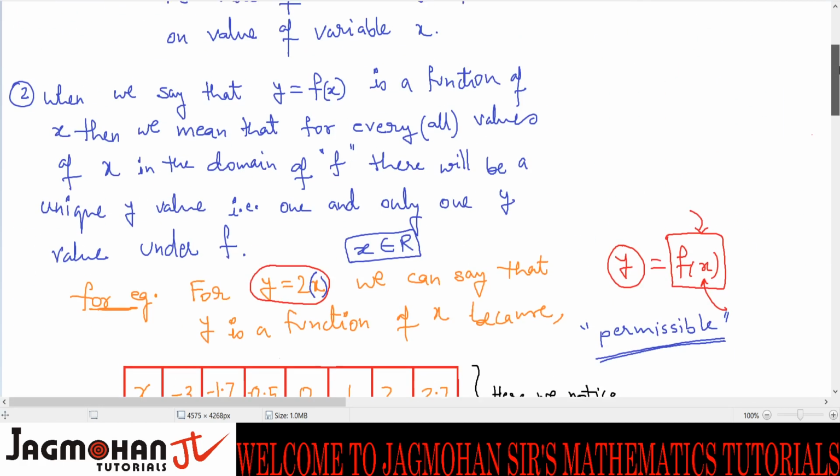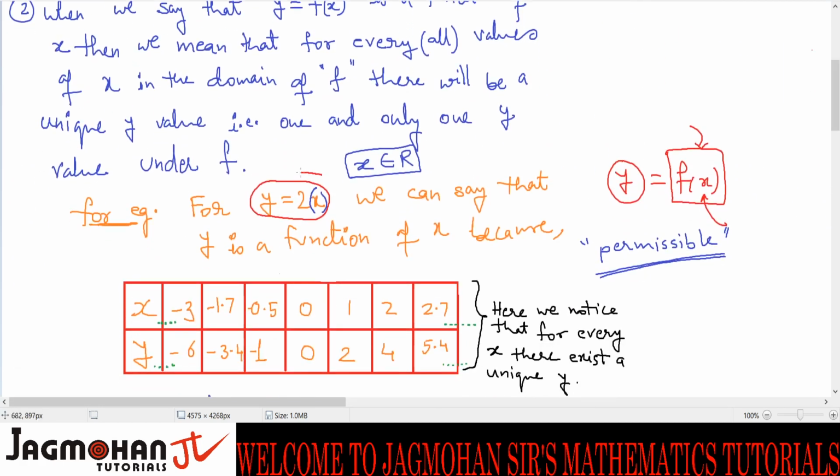Why set of real numbers here? Why do we not have to exclude any number here? Because here we have the function 2x, and we need not exclude any number. This function is defined for each and every x value.